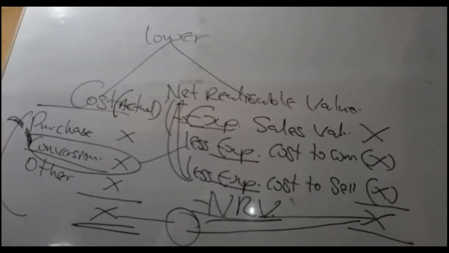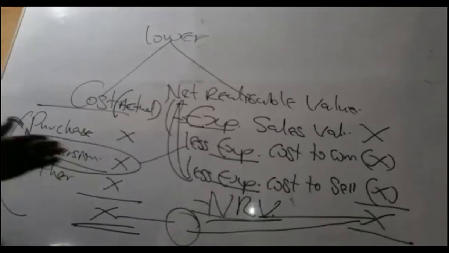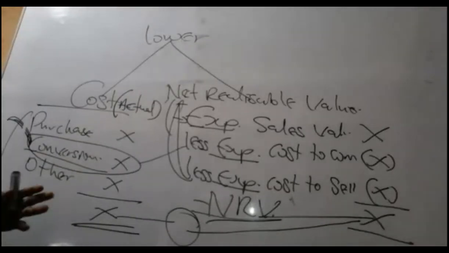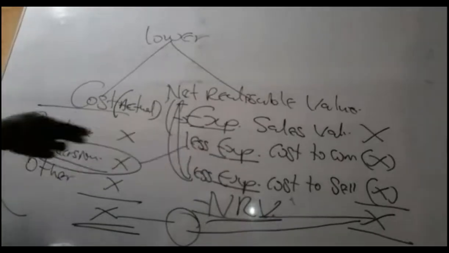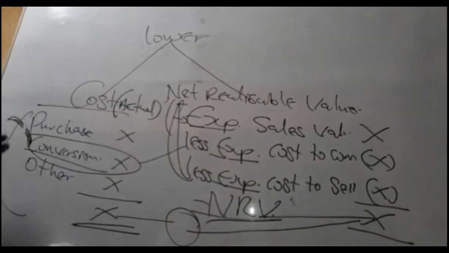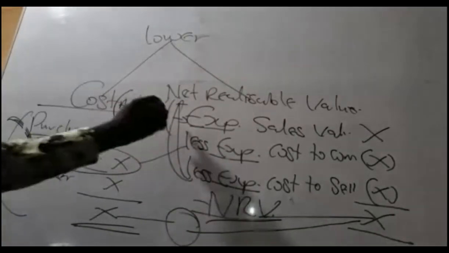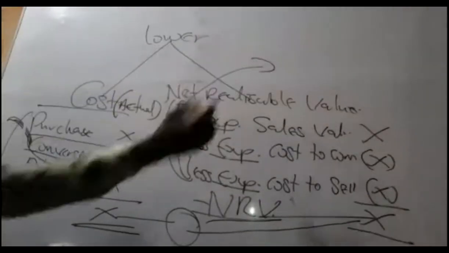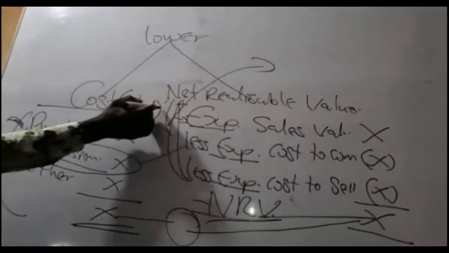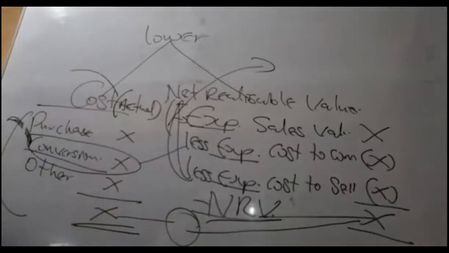Because there's a question that you're going to solve now, if care is not taken, we may change their position. Bring cost to complete here and conversion cost there. The difference is clear. This one is future if I should sell it today. This one is the cost that I've incurred to date.